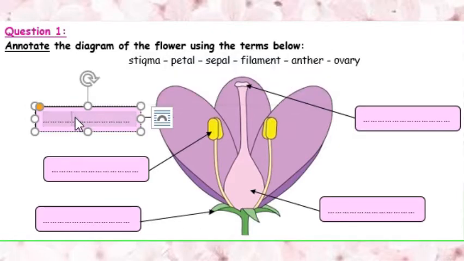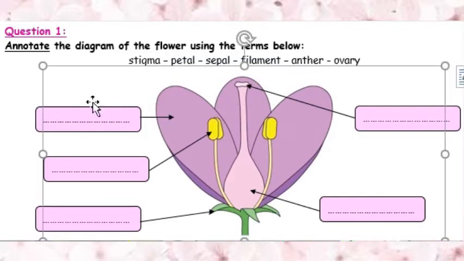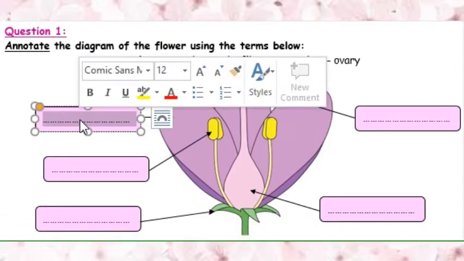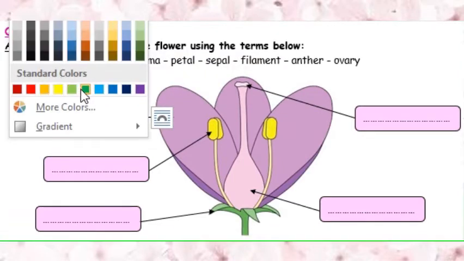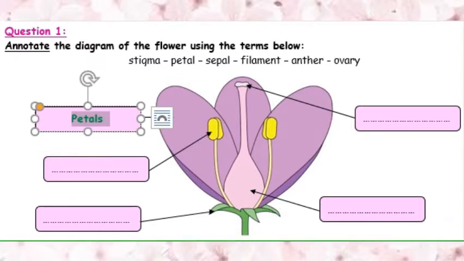This is a colorful part of the flower. So the colorful parts are the petals. So petals are the colorful parts of a flower.